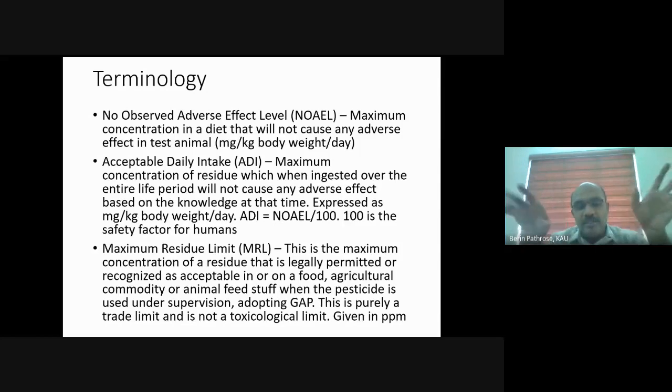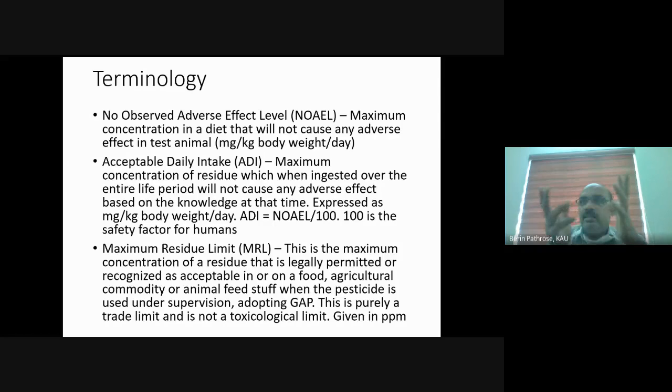Take 20 centers, and say they want to check it in rice. So all the centers cultivate rice and spray the pesticide as per the protocol given by the company.